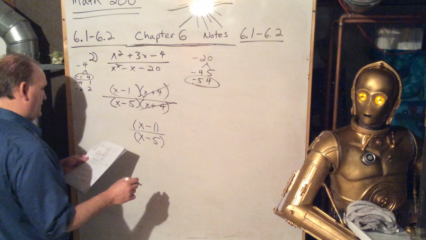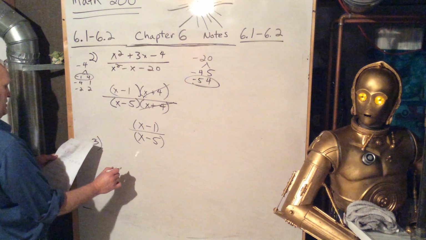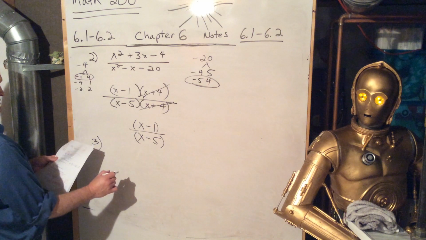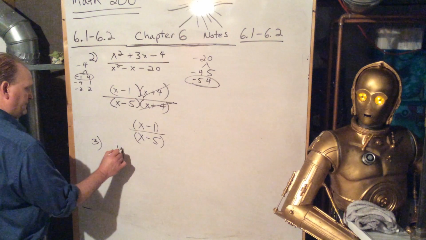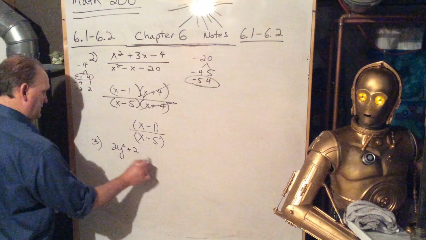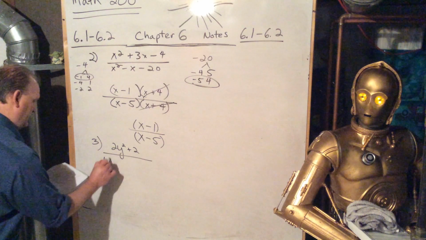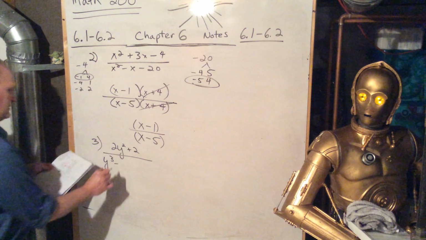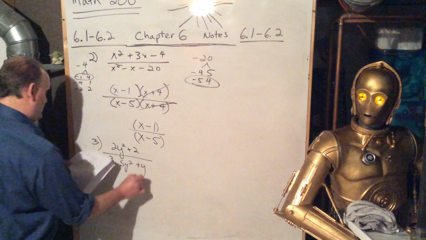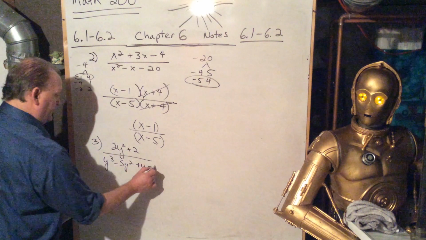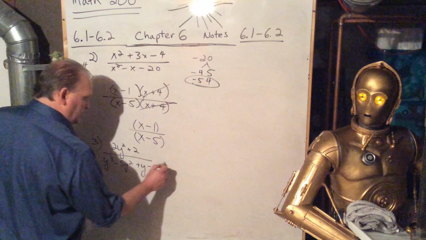All right. Number 3. We've got 2y squared plus 2 over y to the 3rd minus 5y squared plus y minus 5. So on the top, we factor out 2.